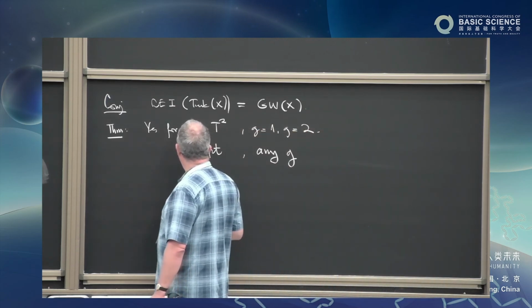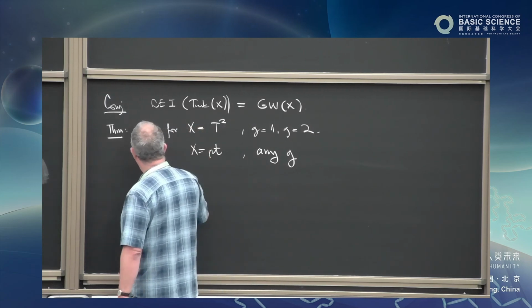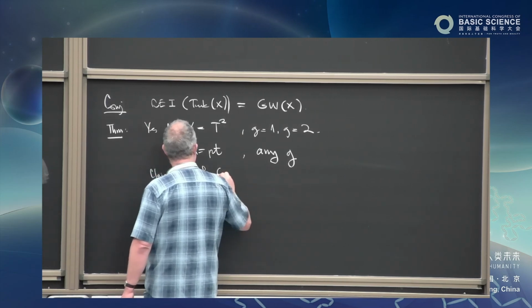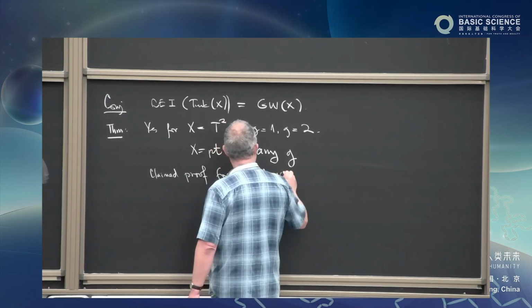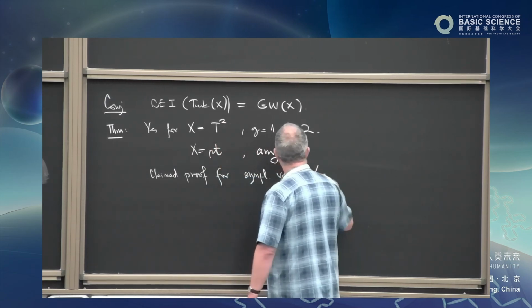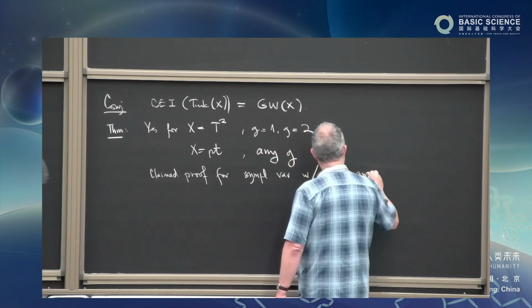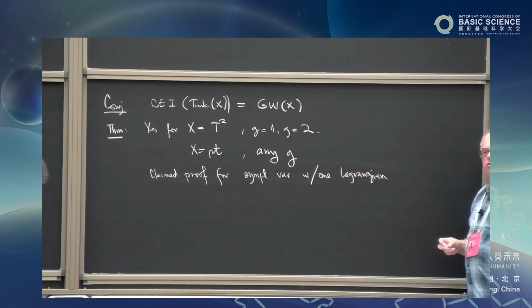We also, and now there's a claimed proof for symplectic varieties with only one Lagrangian. So it's a bit restrictive, but this should not be a huge problem.